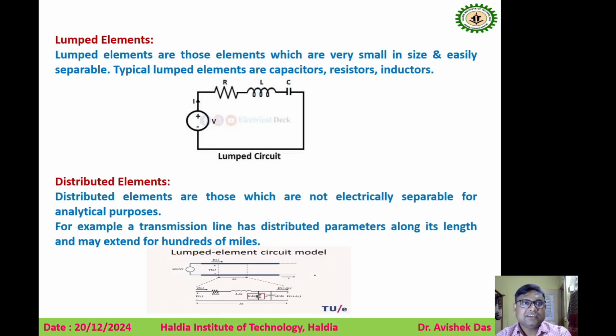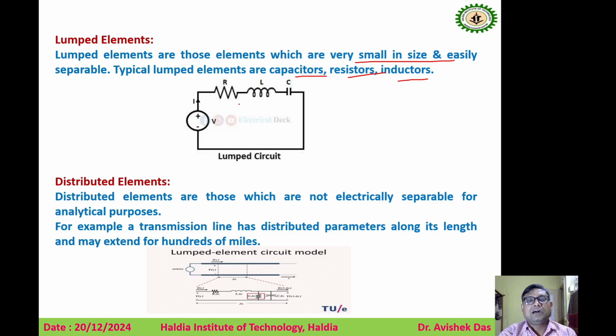In the next slide, we discuss another type of element known as the lumped element and the distributed element. So what is the difference between the lumped element and the distributed element? Lumped elements are those elements which are very small in size and easily separable. Typically, lumped elements are the capacitor, resistor and inductor.